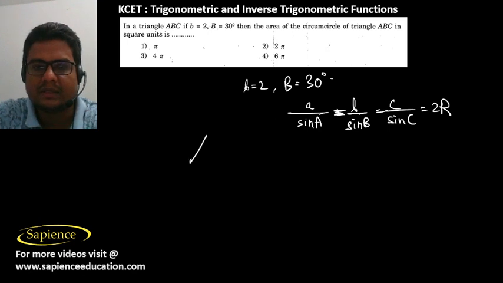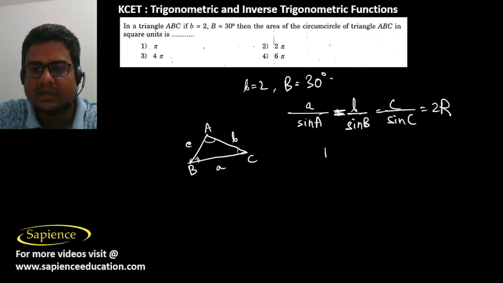of the triangle ABC. So if we have a triangle ABC and these side lengths are a, b and c, then we have that a by sine A is equal to b by sine B is equal to c by sine C is equal to 2R, where R is the circumradius.